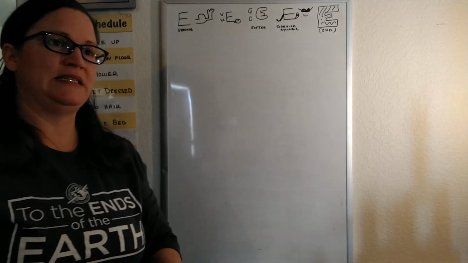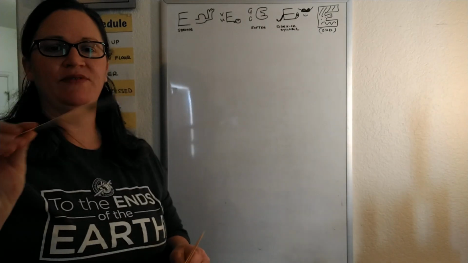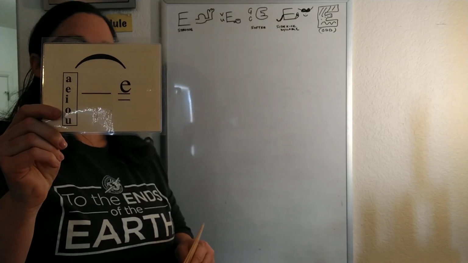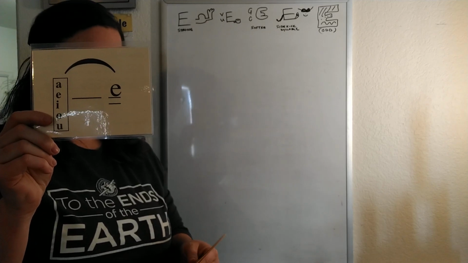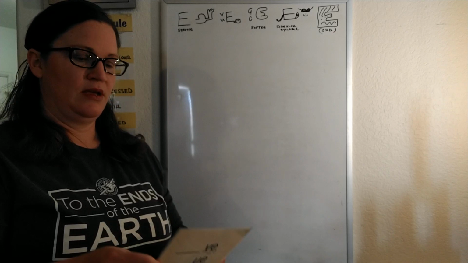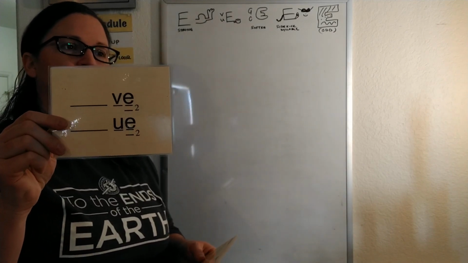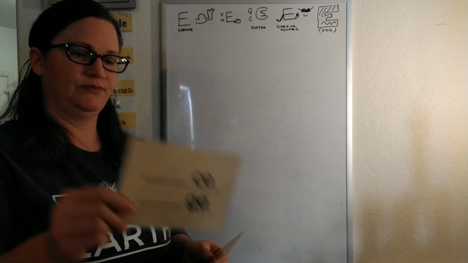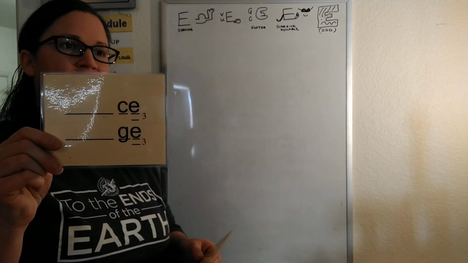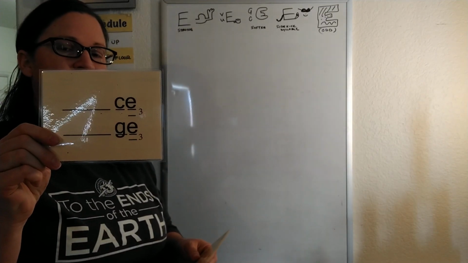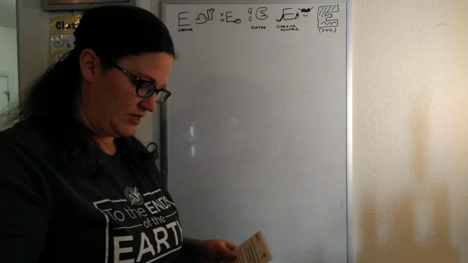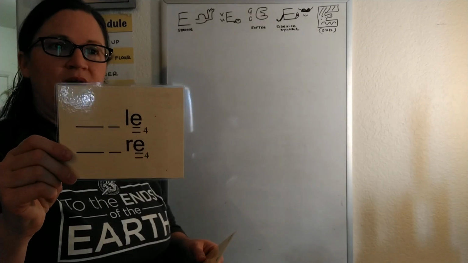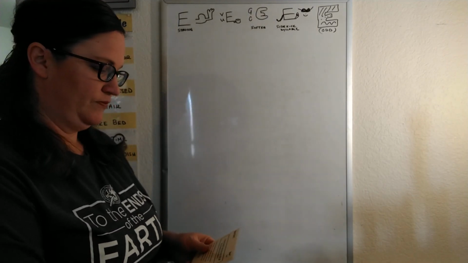We've got silent E. Why do we have to add an E in this case? The vowel sound changes because of the E. How about this one? English words do not end in V or U. The C says S and the G says J because of the E. Every syllable must have a vowel.